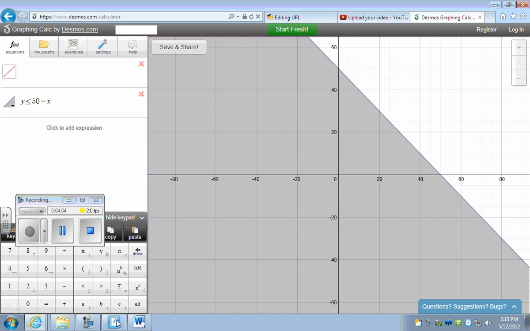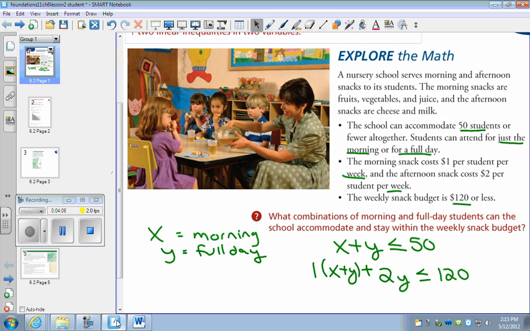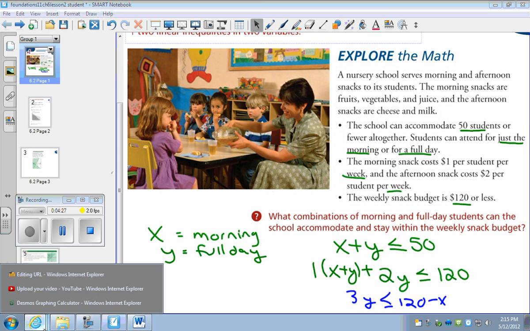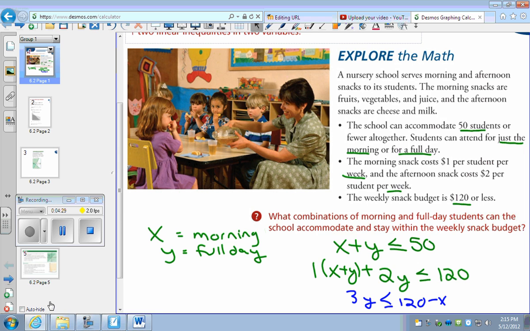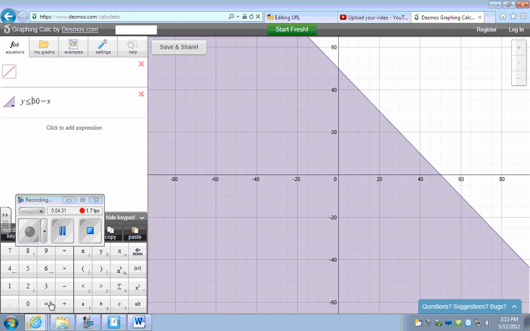The other inequality was x plus y plus 2y is less than or equal to 120. So let's put this in the form this graphing calculator likes. I have 3y is less than or equal to 120 minus x. See if it'll graph it. It might make me divide by 3.